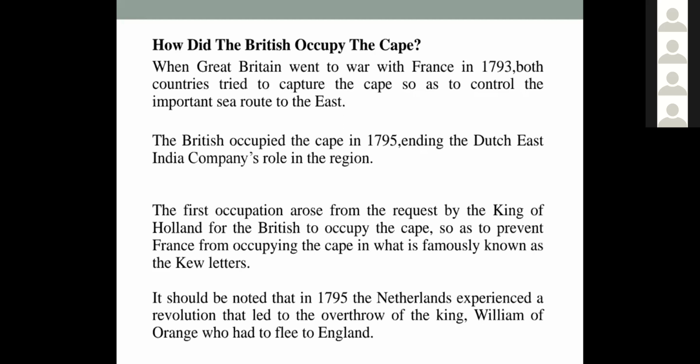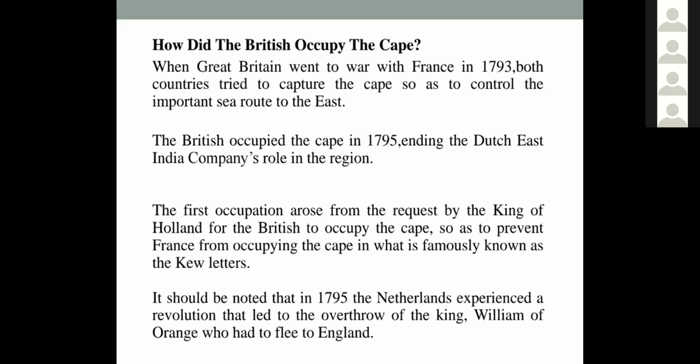So I was saying that the British occupied the Cape in 1795, ending the Dutch East Indian Company's role in the region. That means in 1795, we see the Dutch East Indian Company packing, then the British taking over the Cape.